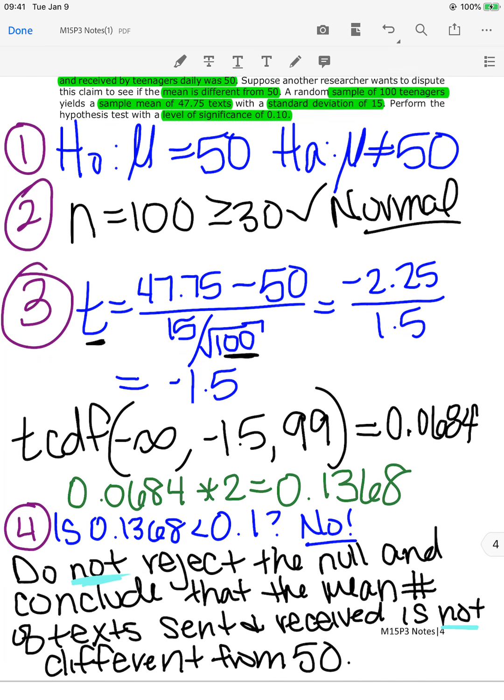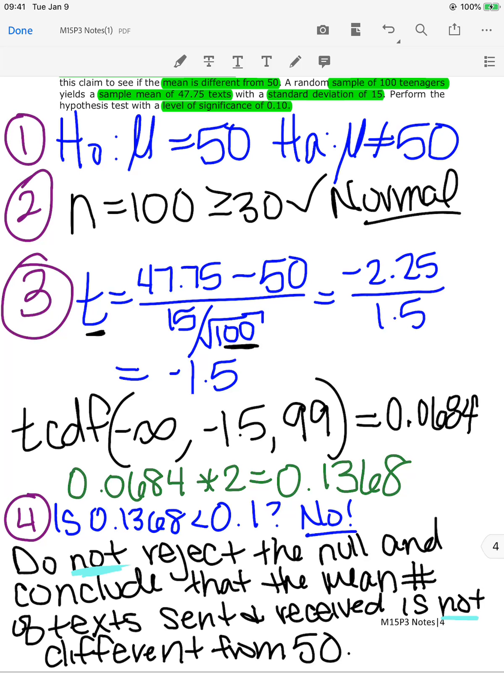So do not reject, not the alternative. We don't have enough evidence to say that the alternative is true. We don't have enough evidence to say the person is guilty. So we say that it is not guilty. Okay. I'm not going to say that it's equal to 50. That's like saying the person's innocent. We're not going to do that. How many more times can I say not in this sentence before I confuse you?